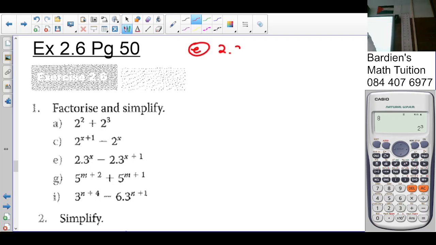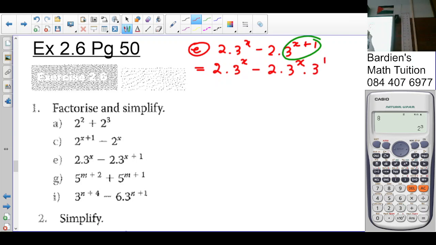You got 2 times 3 to the x minus 2 times 3 to the x plus 1. So what do we do first? You break this up. That would be 2 times 3 to the x minus 2 times 3 to the x times 3 to the 1. So what is common? 3 to the x. I'm left with 2 minus 2 times 3 to the 1.